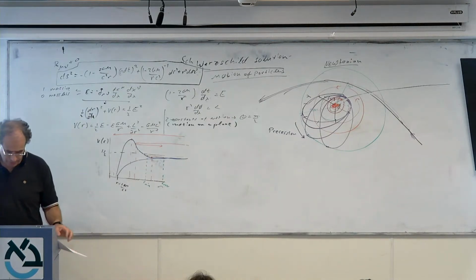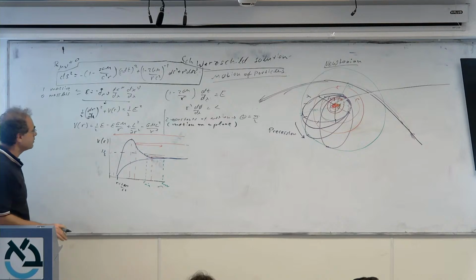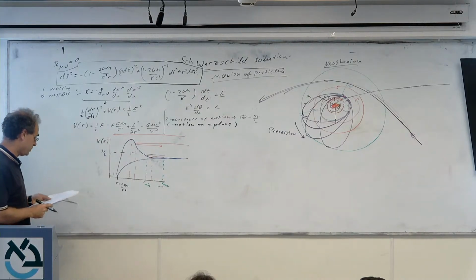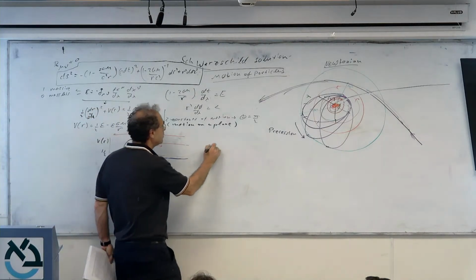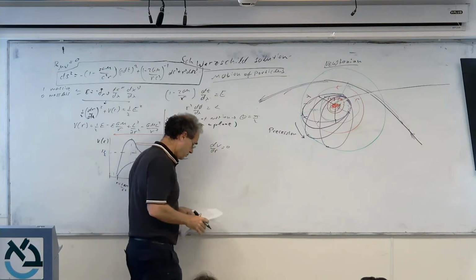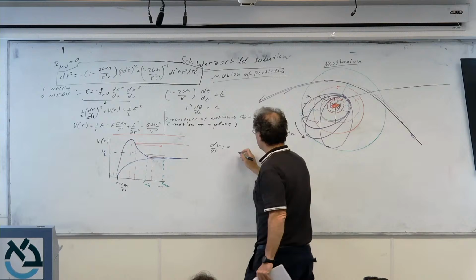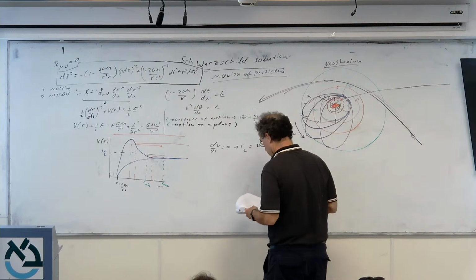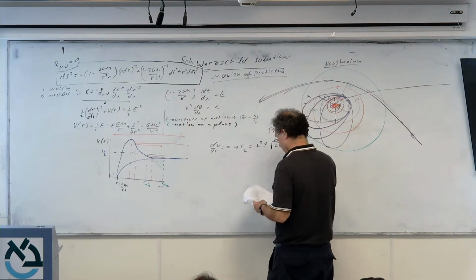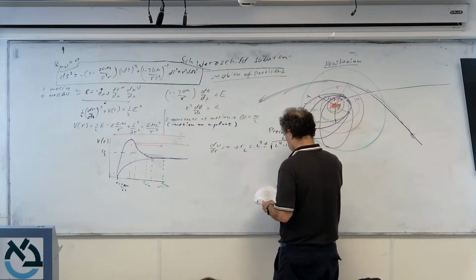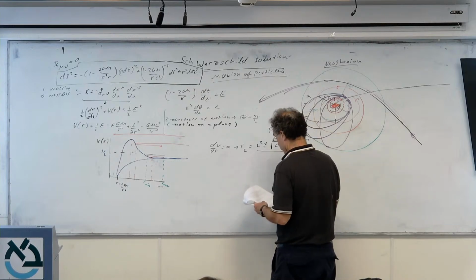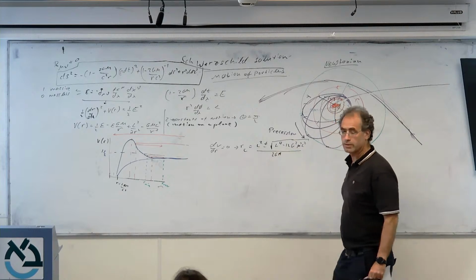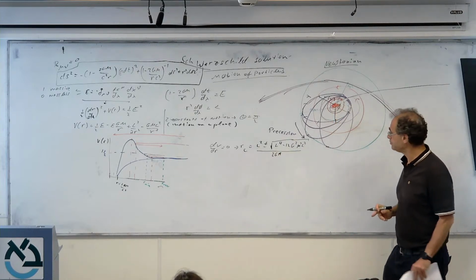Then I pointed out something which is very important observationally: we can calculate where these points are, simply by looking at dV/dR equal to 0. We get that these points are at R_c, which is L squared plus or minus the square root of L to the 4 minus 12 G squared M squared L squared, over 2GM. So they depend on L, the orbital angular momentum.